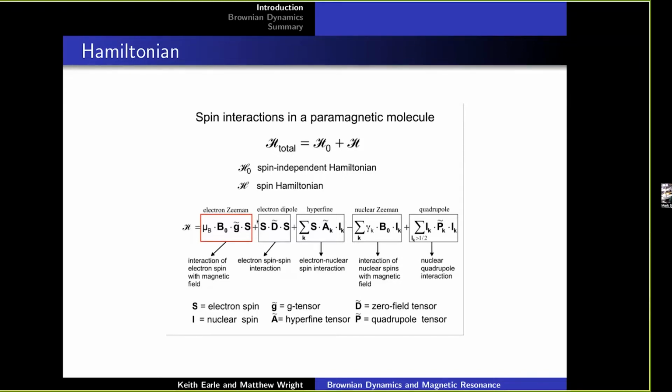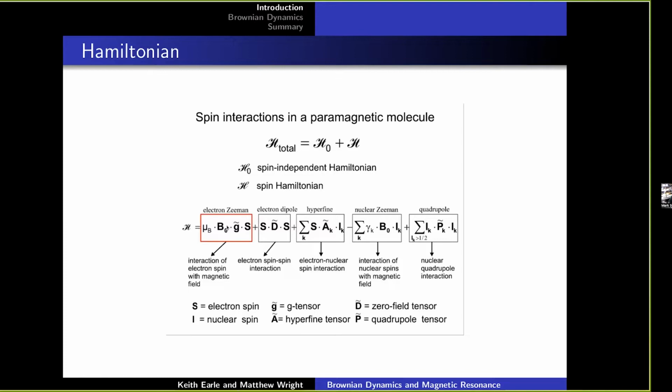You'll note over here we have the electron Zeeman interaction. Over here we have nuclear Zeeman. And that is also a field-dependent interaction, but it's written in a slightly different form. Nuclei are localized and tend to be weakly interacting with their surroundings. And so in many cases, a scalar interaction, or rather an interaction that's characterized just by a single number, is sufficient.